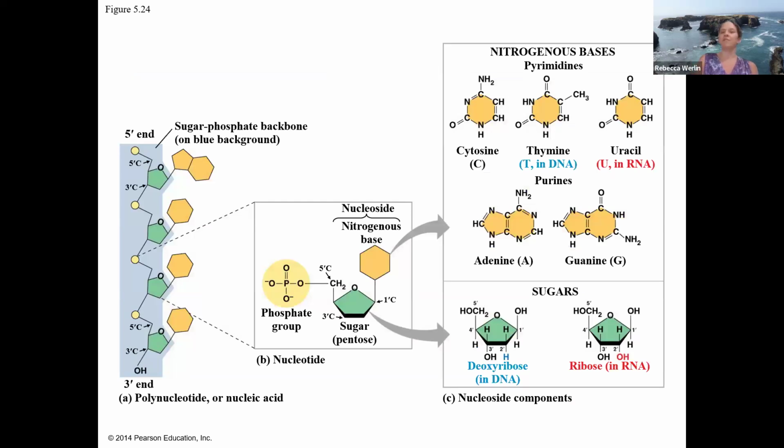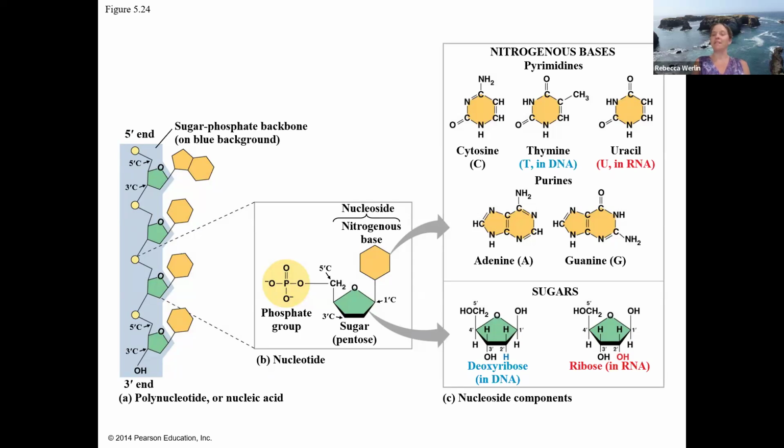Now, this is where the nomenclature and understanding the basic chemistry comes into key focus. So if you look, you can see the sugars. We have deoxyribose in DNA in blue and ribose in RNA in red. And you can see that the numbers of the carbon atoms are 1', 2', 3', 4', and 5' on both sugars.